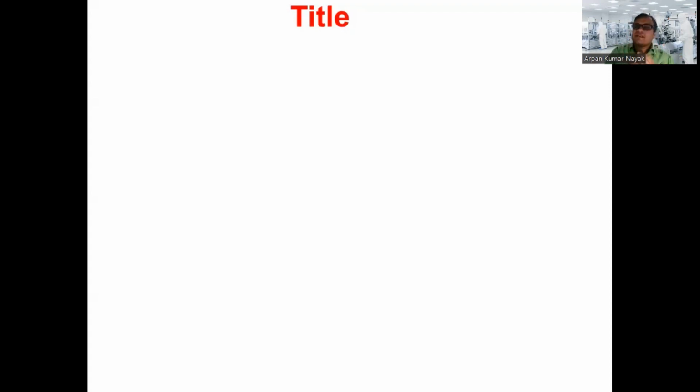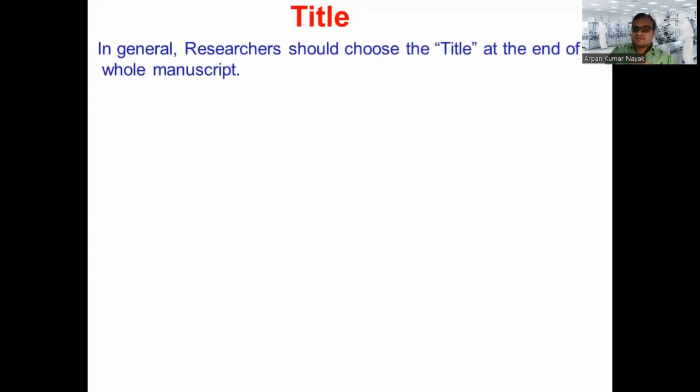So does the title play an important role in a scientific article? Yes. Why? Because as we know, when a new researcher or a beginner tries to start his or her research work, the researcher aims to collect the literature.